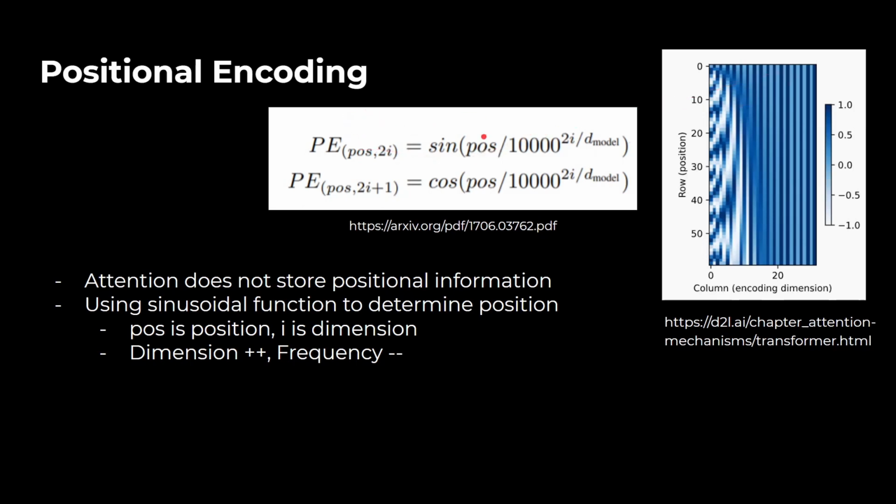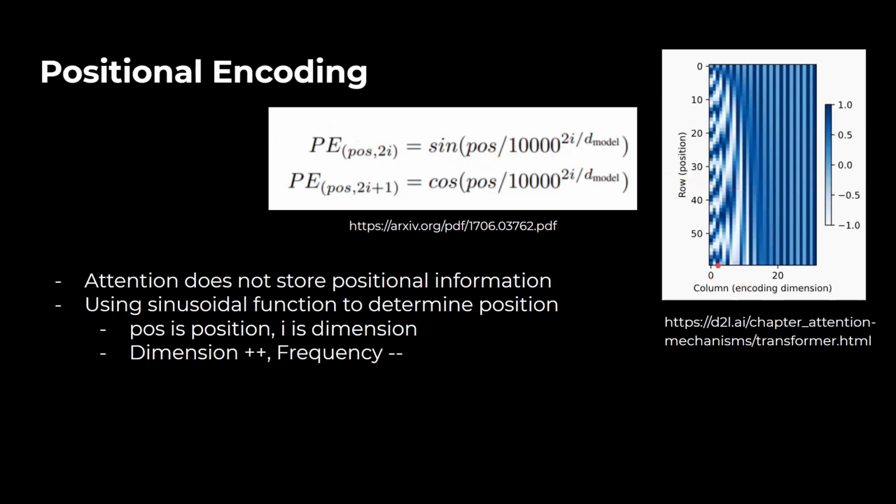Basically, for each position, you would feed in pos, and i is just the dimension of the input. What's a good way of explaining it? Actually, just look at this graph.